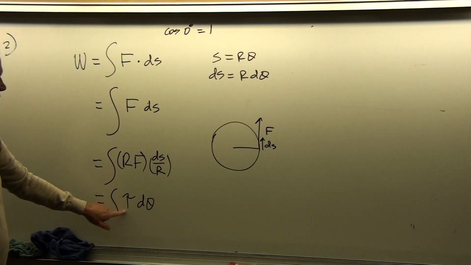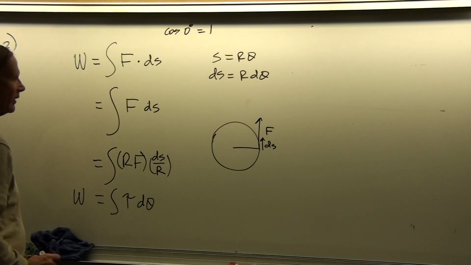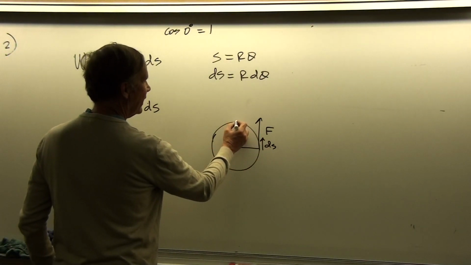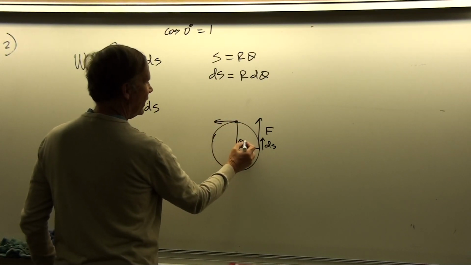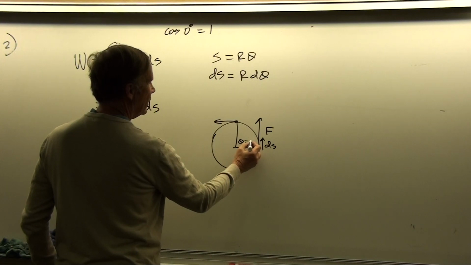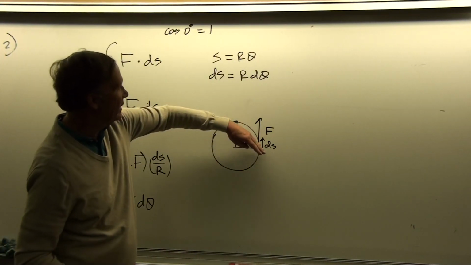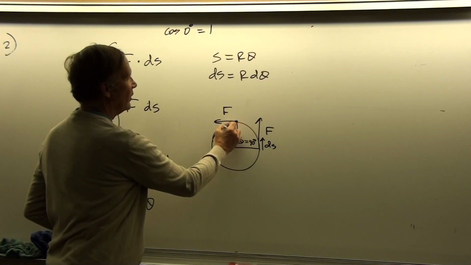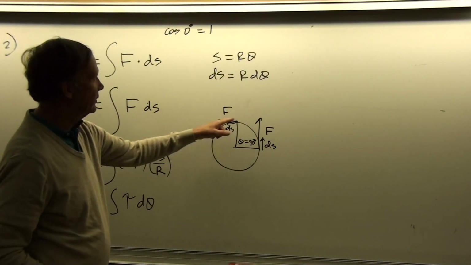So if we integrate a torque to a certain angle, we do a certain amount of work. So let's say this force stays constant and is always acting perpendicular to the system and causes a rotational angle of 90 degrees. As we apply that force, always in the same direction as our little ds as we go around.